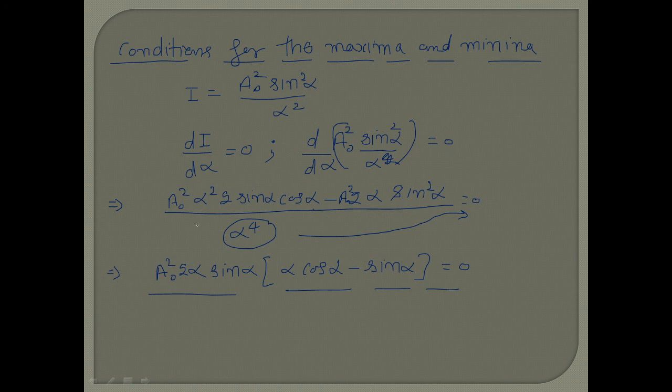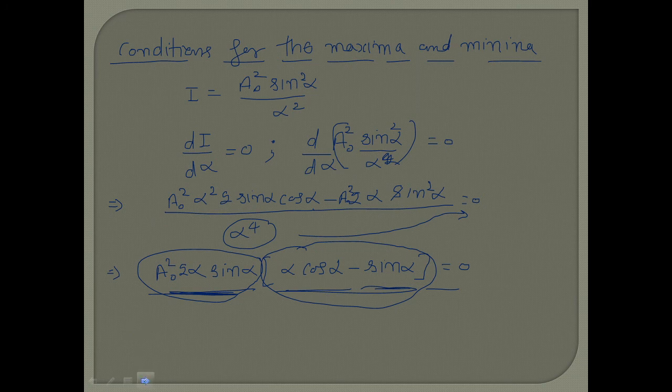From the equation, we have two factors. One is this and the second is this, and the multiplication of two factors is equal to 0. Then either this value is equal to 0 or this whole value is equal to 0. Let me solve these terms one by one.